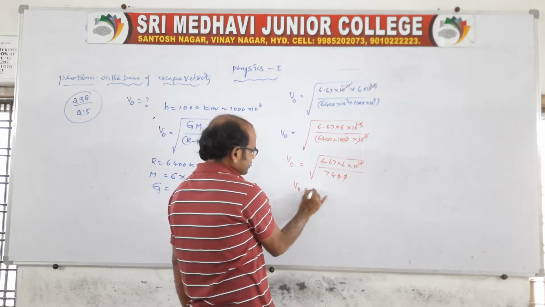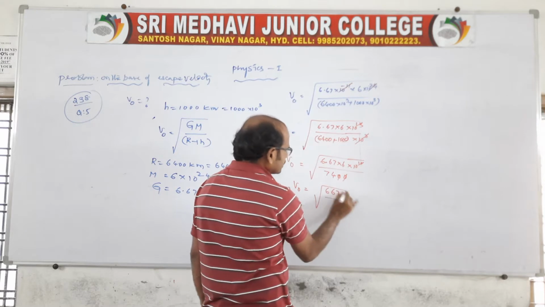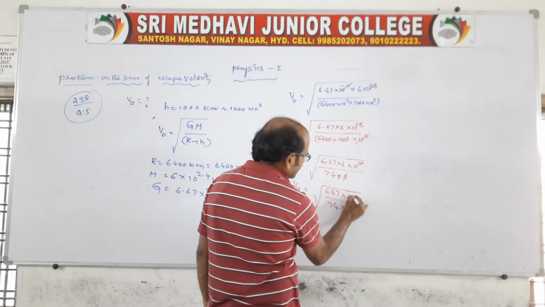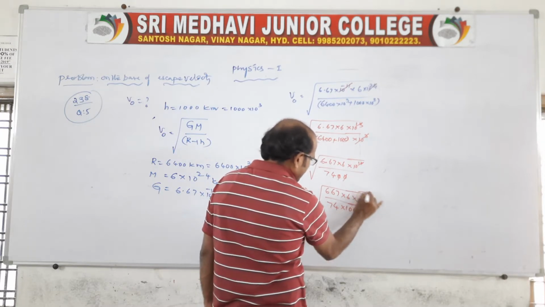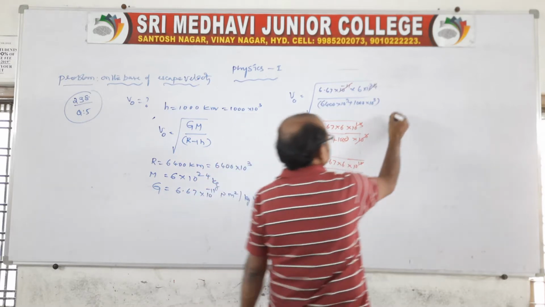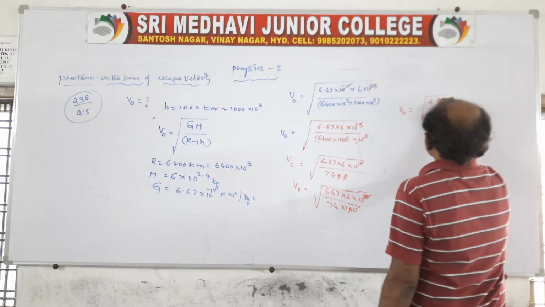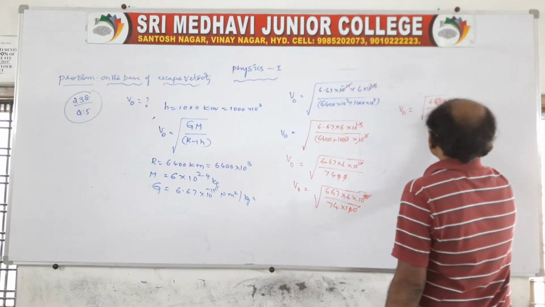Then V naught is equal to root over 6.67 into 6, then again 74 into 10 power 8, because 2 are cancelled, again you make the cancellation. So V naught is equal to 667 into 6 by 74, it is.